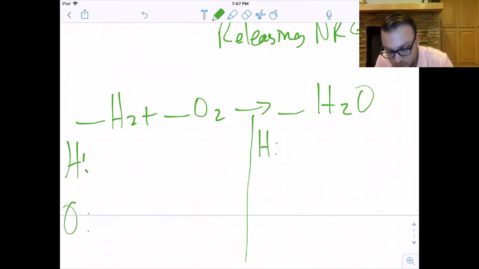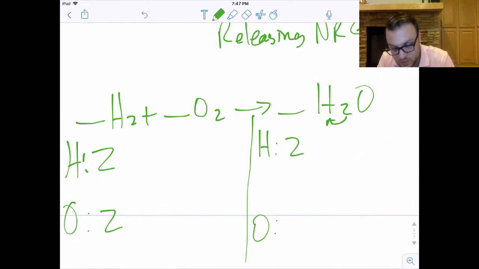How many atoms do you have? 2 H's here, 2 O's here, 2 H's here, but only 1 O there. So this reaction, I should say, is not balanced. I have 2 O's going in, 1 O coming out. 2 go in, 1 pops out. That's not the same. We need to get those to be equal to each other.